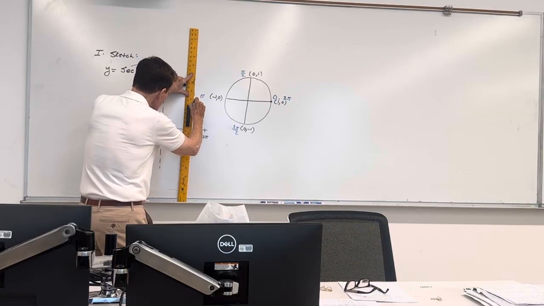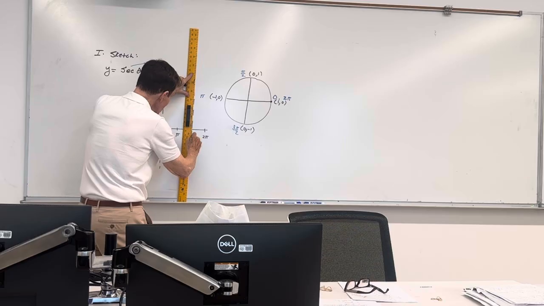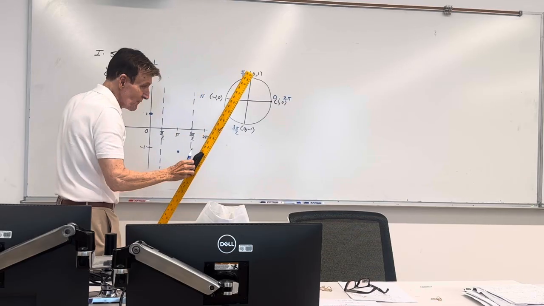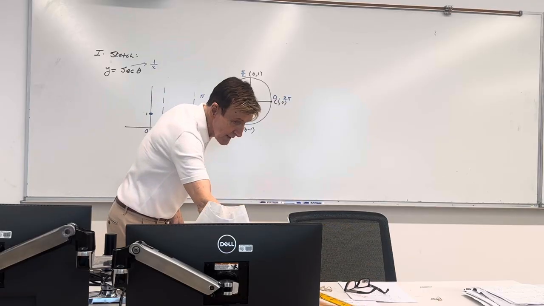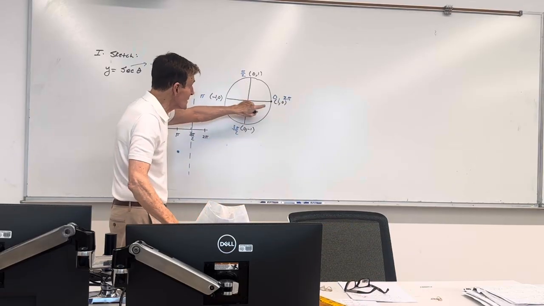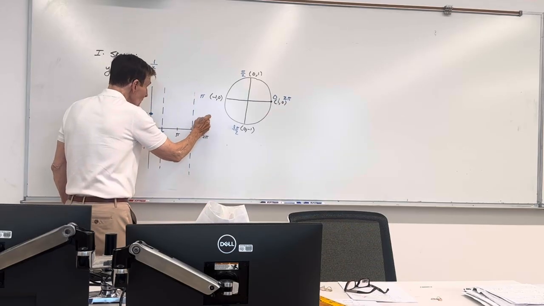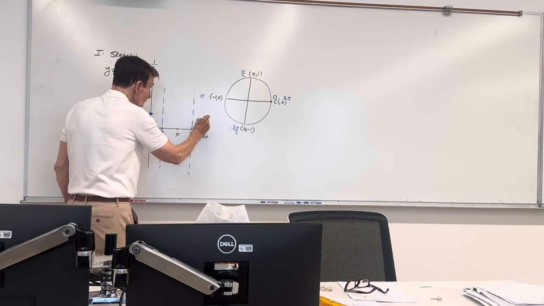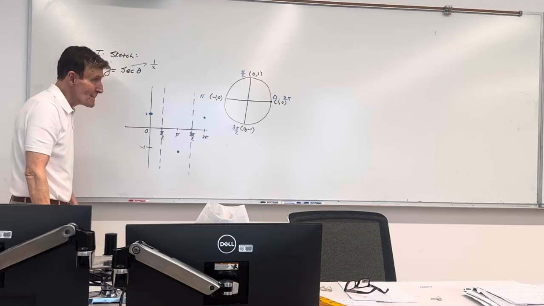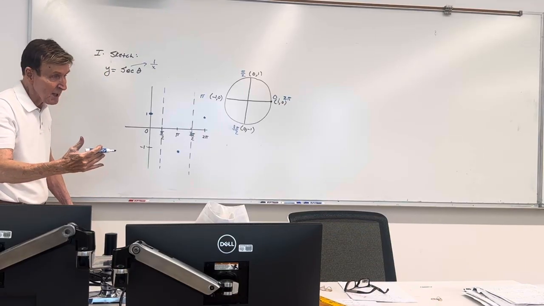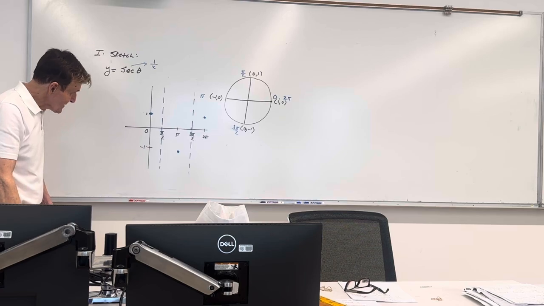Gives me another vertical asymptote. And finally at 2 pi, we end it there. At 2 pi, of course, I'm back here. 1 over x, which is 1 over 1, takes me back up to 1. You guys agree? Now you know that's not the graph, but we're going to start. Apply a few points.